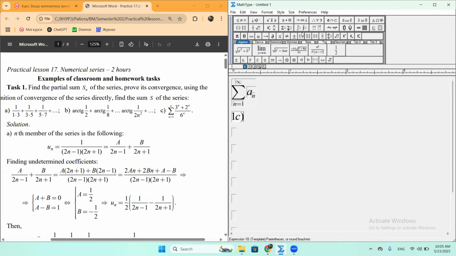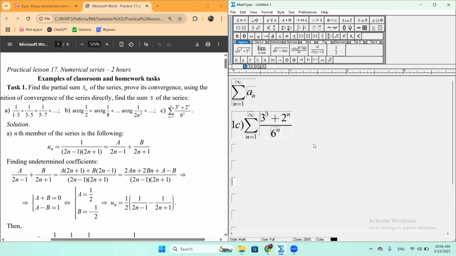So the following series: the sum with n starting from 1 to infinity of (3 in power of n plus 2 in power of n) divided by 6 in power of n.